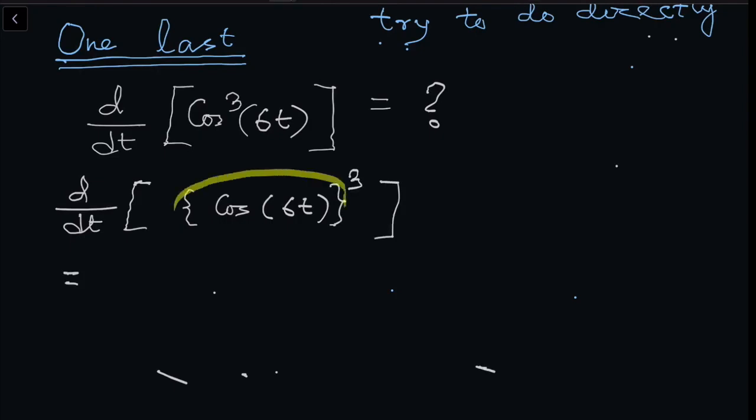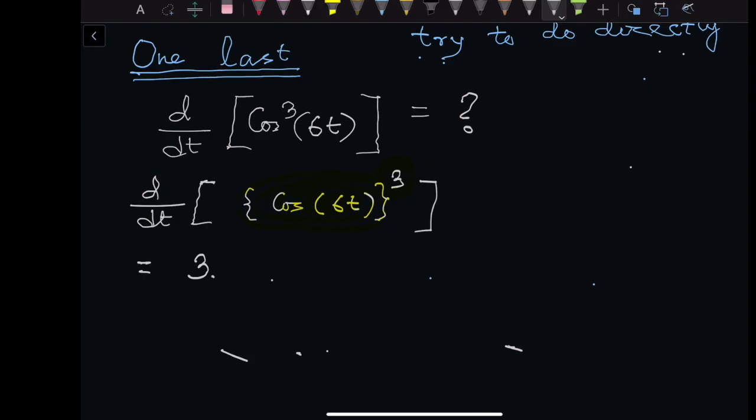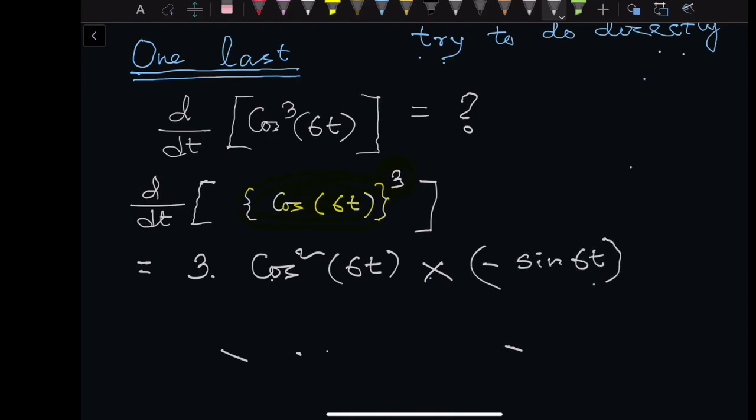Power 3 means consider this to be a single term, whole to the power 3. 3 comes first, then the power decreases by 1 and becomes 2. So cos square 6t, going inside the bracket, we get cos 6t. Differentiation of cos 6t will be minus sine 6t, again into 6.